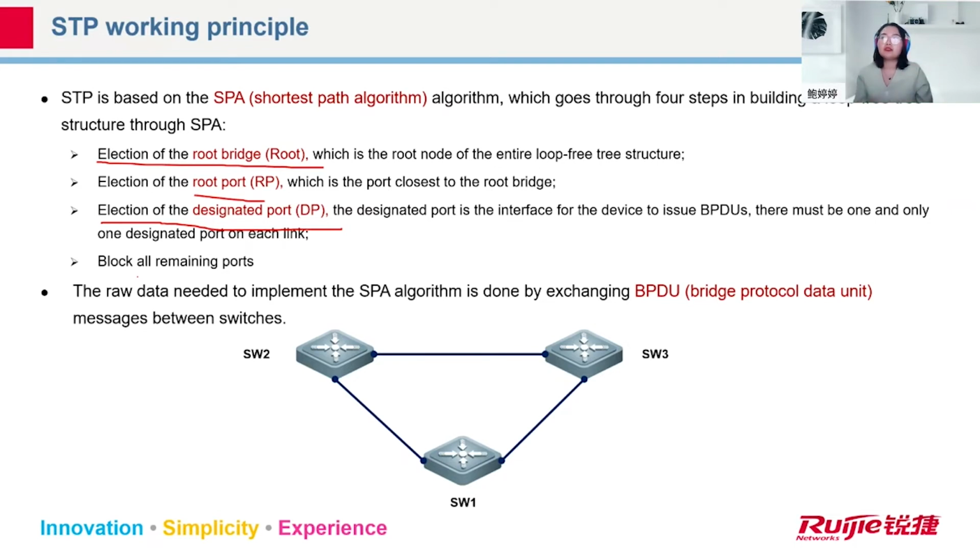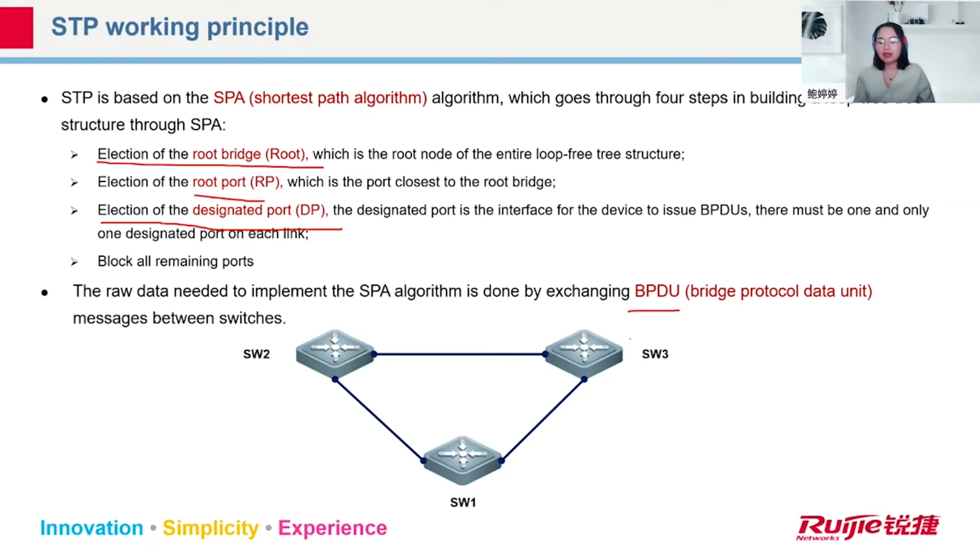And how do we receive this information and do the comparison? We will use a special message only for STP. And this message we call BPDU. This one is very important. Bridge Protocol Data Unit. This is a BPDU.